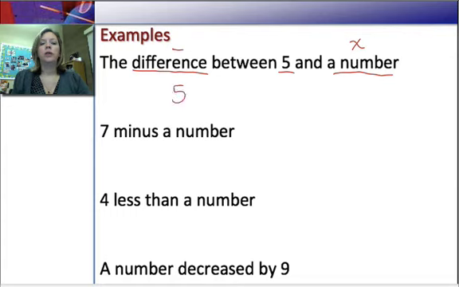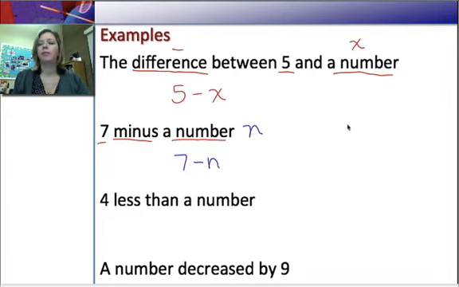So since I'm looking for the difference between 5 and a number, the 5 comes first, and then we'll subtract x. If I have 7 minus a number, we're going to do the same thing, but this time maybe I'll use n for my number. That's a really common one to do too. So 7 minus n.